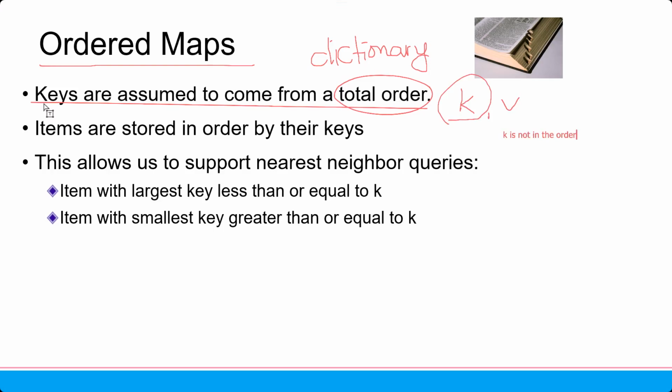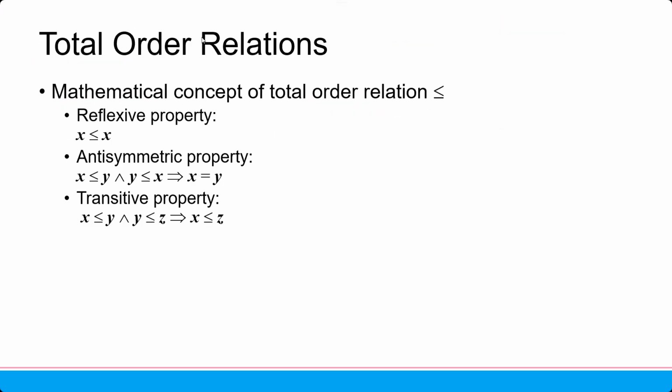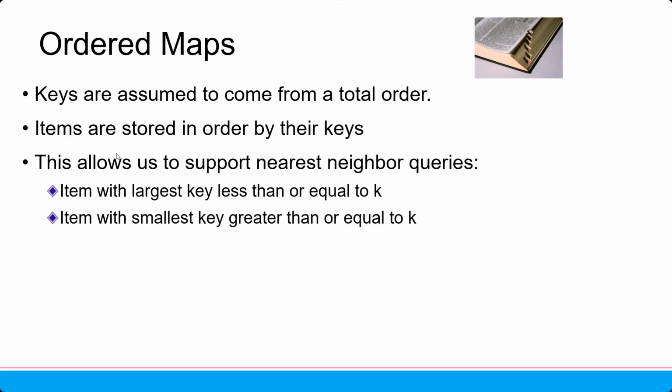Now, with the binary search tree, we assume that it is ordered. Order means we have a sequence, so 1, 2, 3, 4. It is ordered. And the keys are assumed to come from a total order. And items are stored in order by their keys.